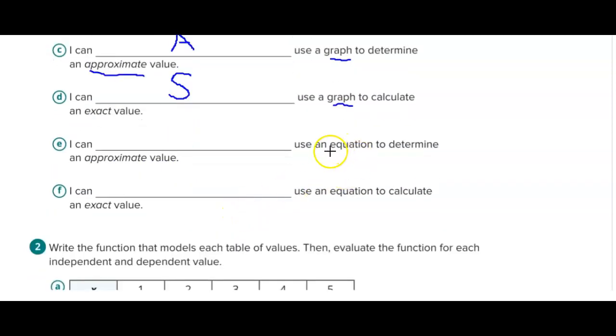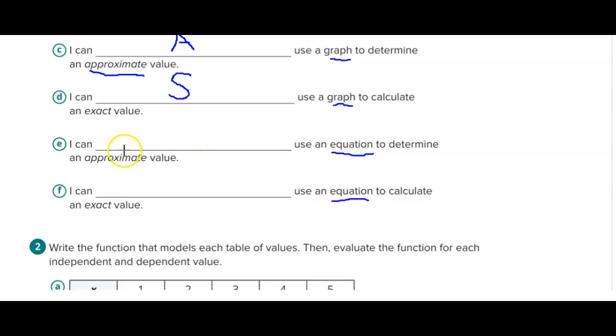And then moving on to equations. Now remember, when we used equations before, sometimes we would get too much precision. Like if we said, how many shirts do you need to sell to make $100? You might get an answer like 6.2 shirts, right? Or 6.75 shirts, when you can't really sell fractions of shirts.